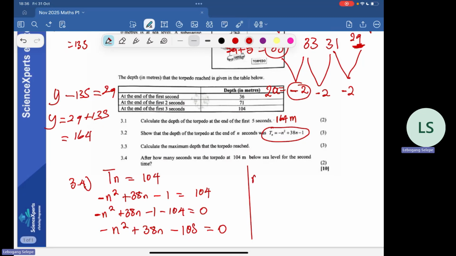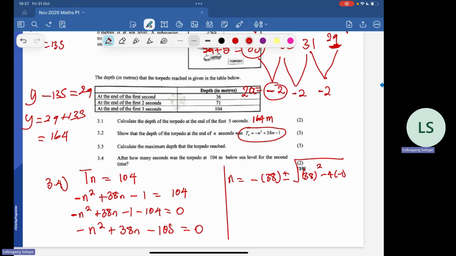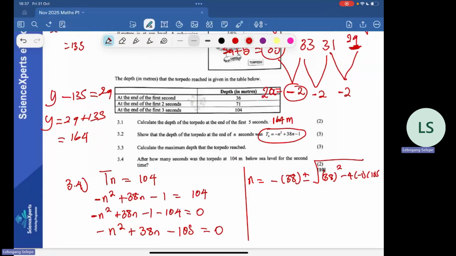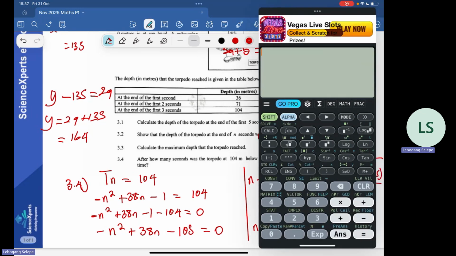So n is going to be equal to negative b, which is 38, plus or minus the square root of 38 squared minus 4 times negative 1 times negative 105, all over 2 times negative 1. So n is 3 or n is, let's use our calculator and see if we are correct.